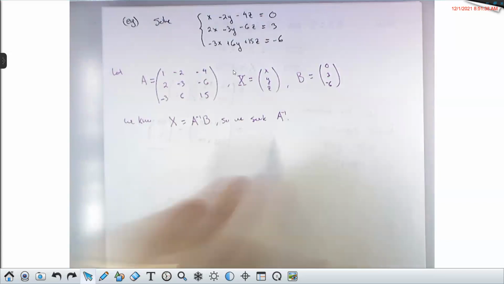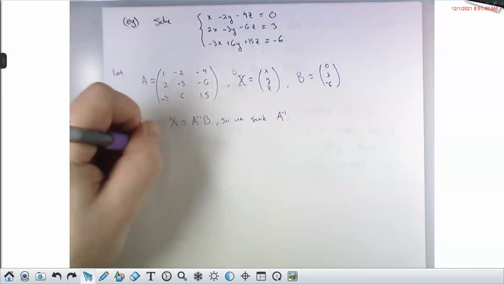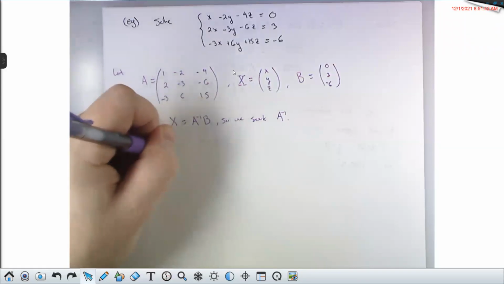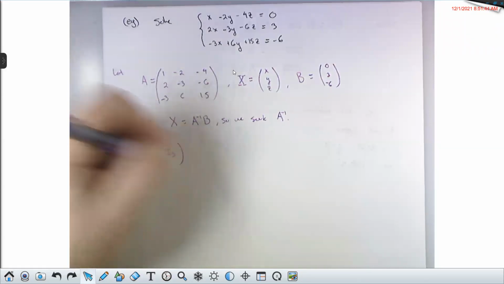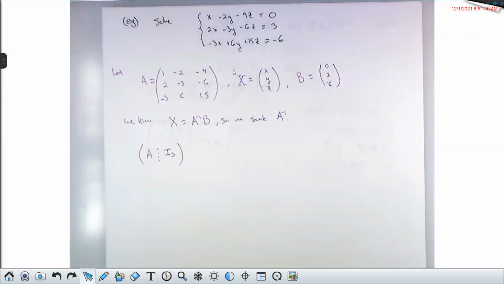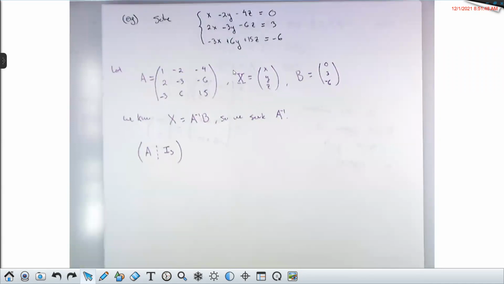To find the inverse of a matrix, you augment it by the appropriate sized identity. A is a 3x3, so I will use the 3x3 identity matrix, I3.